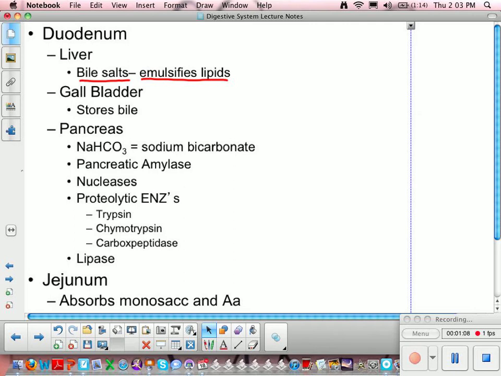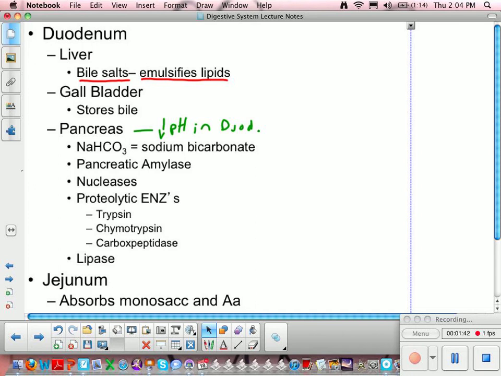Next, we have the pancreas. The pancreas is activated when there's a low pH in the duodenum. So when the stomach acid gets into the duodenum, the pancreas releases its products.